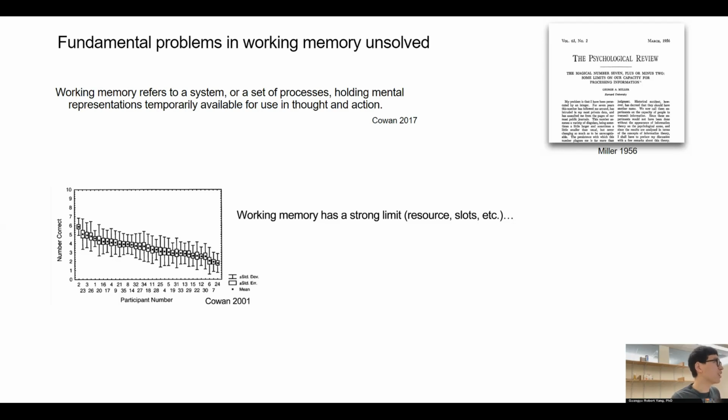Because we have so many neurons in our brain, and this is something that a computer can do trivially, and we could do it easily as well if we have some paper and pen. So how come our brain with all these neurons is so bad at it? We have known this phenomenon for 70 years. It is one of the first phenomena that we know in cognitive science, and yet we still don't know why. We have a lot of quantification of it, like the exact capacity, but we don't know why it's there.